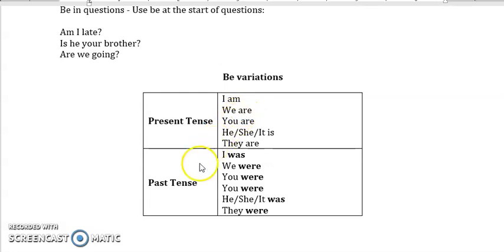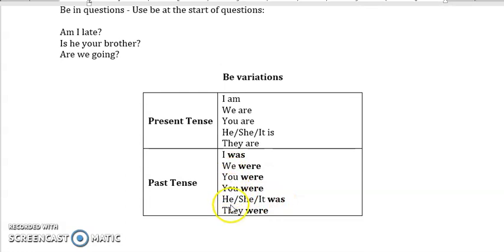Okay. But for past tense, you have to memorize singular and plural as they, we, you, he, she, it, I. Because I, he, she, it are going to use was.